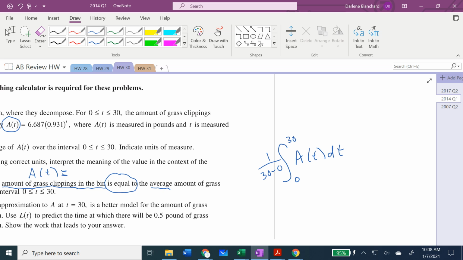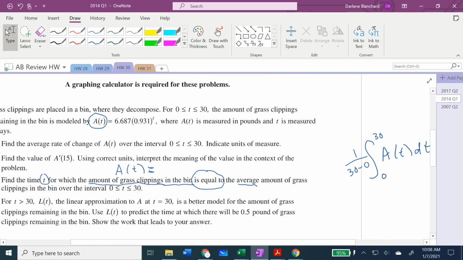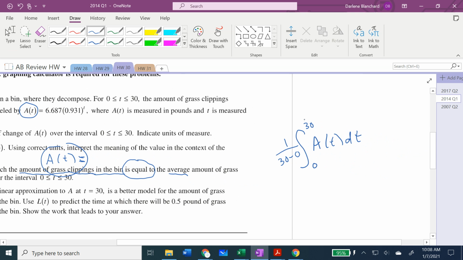Now, here's what you're going to do. You do need to express A of t equals this. You need to write that as an equation. You need to put down the number that you just got.